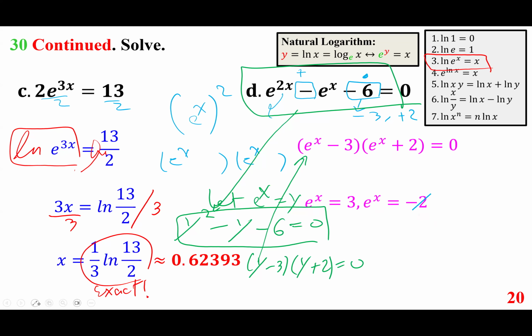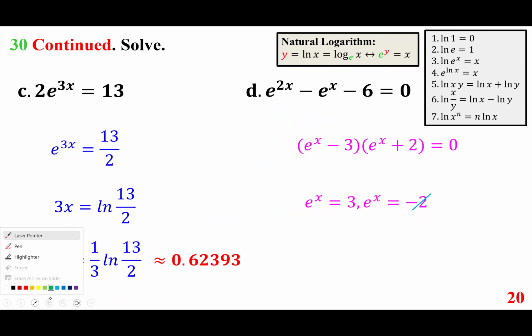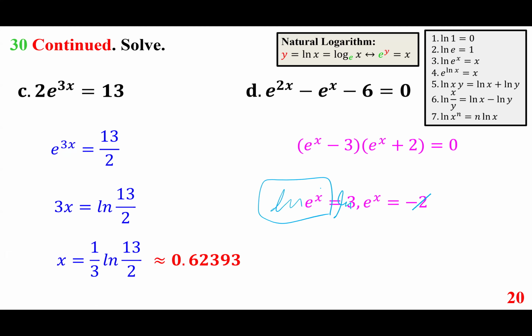Again, let me just erase the work first. You take the ln, this becomes x. So x equals ln 3.